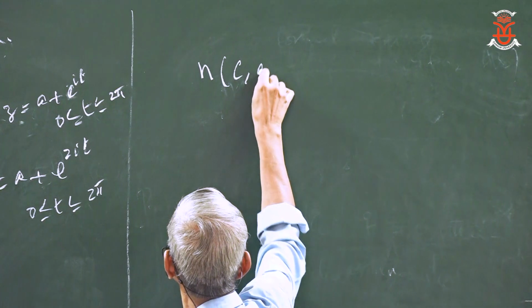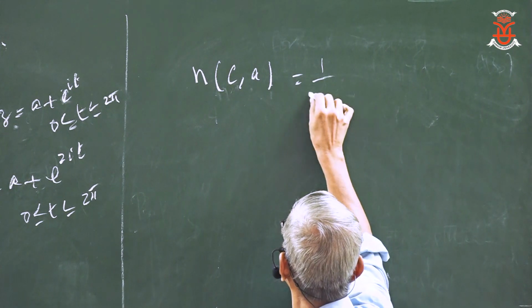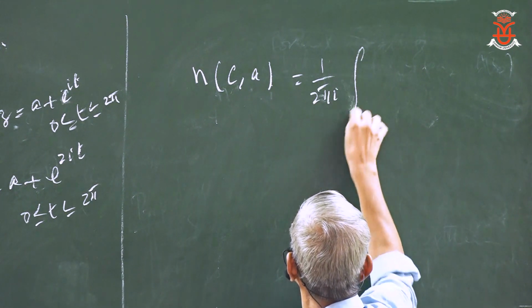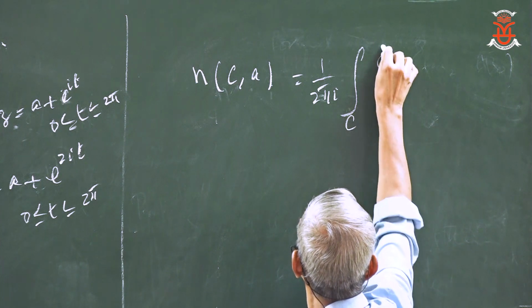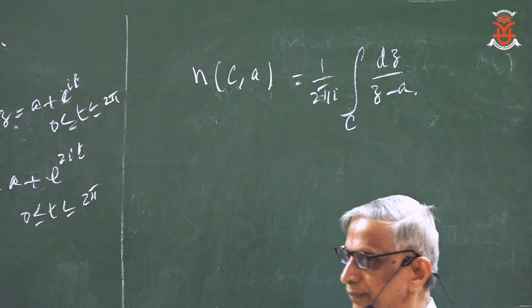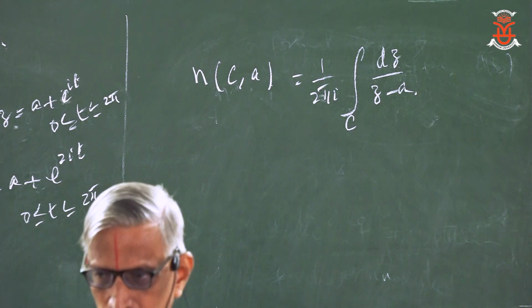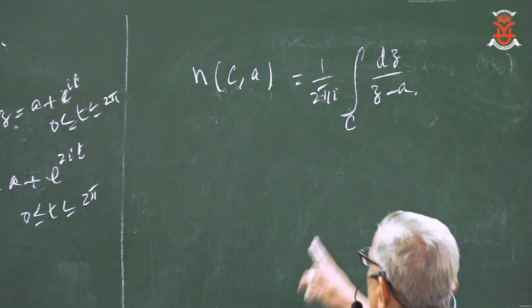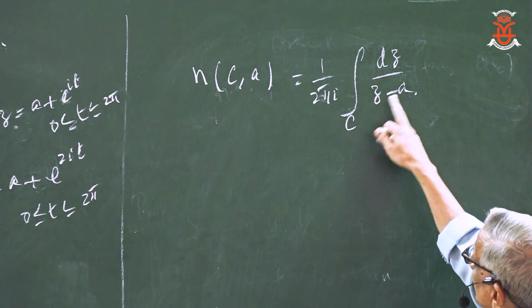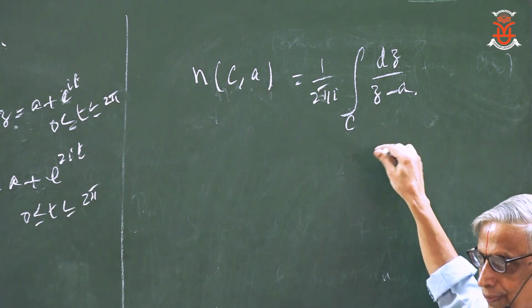Okay? So by definition, the index of C around A, let us say, is this integral, where C is any closed contour. The only thing you want is that A is not on C, C does not pass through A.